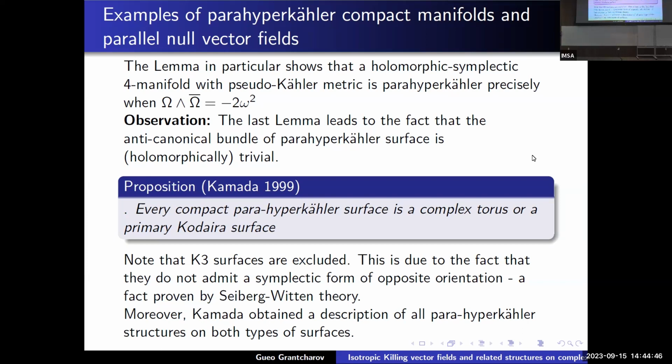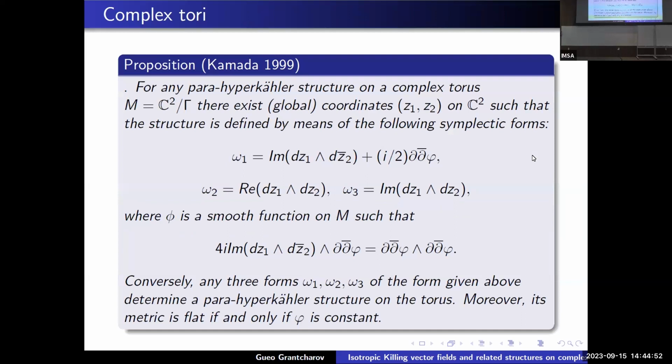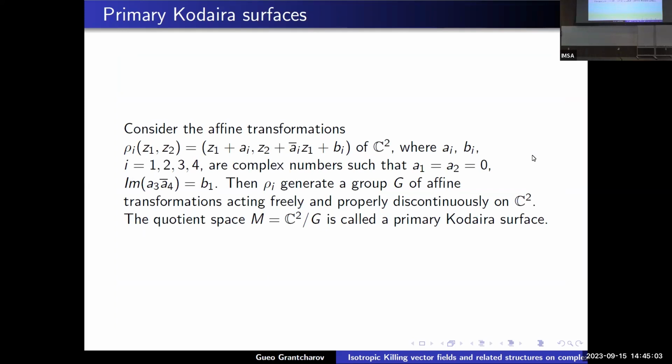Now, in a certain way, one can describe these surfaces, what are the para-hypercomplex structures there. And this is the type when we talk about the factor. I guess I should have the definition. Yeah, maybe this is a slide I should show first.